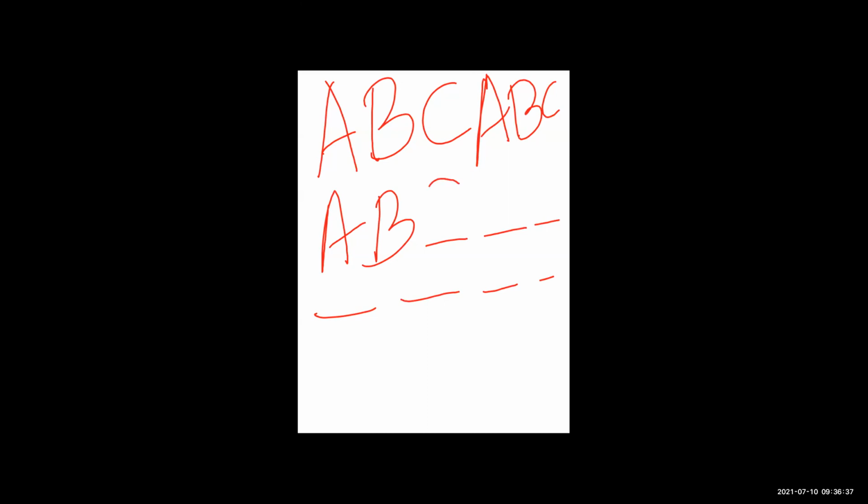Capital C will come. Then again A, B, C. So the pattern is A, B, C, A, B, C, A, B, C. These three alphabets are repeating over and over again. It is called an alphabet pattern. I hope everyone understands alphabet patterns.